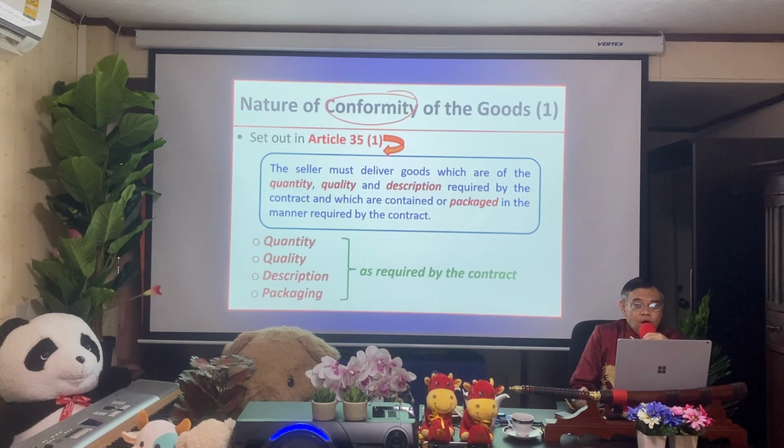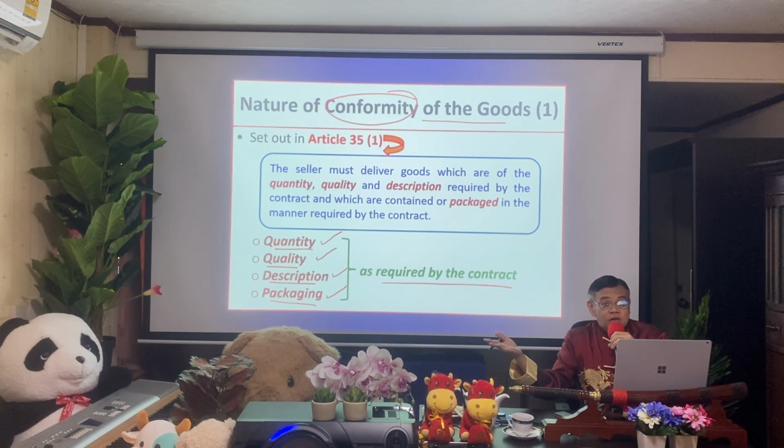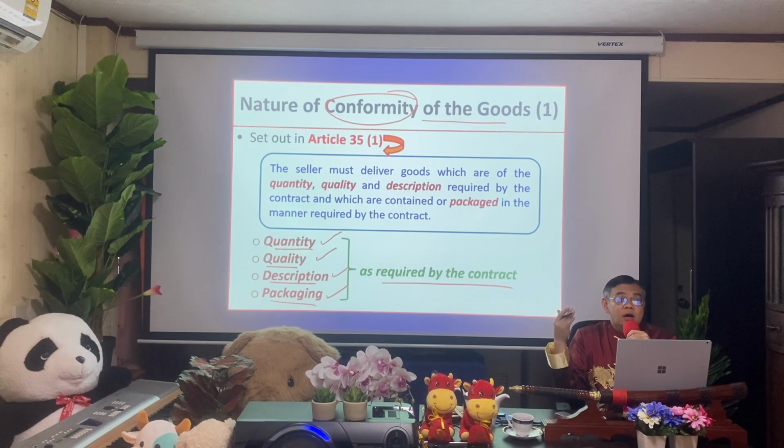When the CISG requires that the goods be in conformity with the contract, the conformity of the goods must be conformity in terms of quality, description, and packaging. The quality, description, and packaging must be as required by the contract. Of course, this is not surprising because this is founded upon the party autonomy rule or the freedom of contract rule.